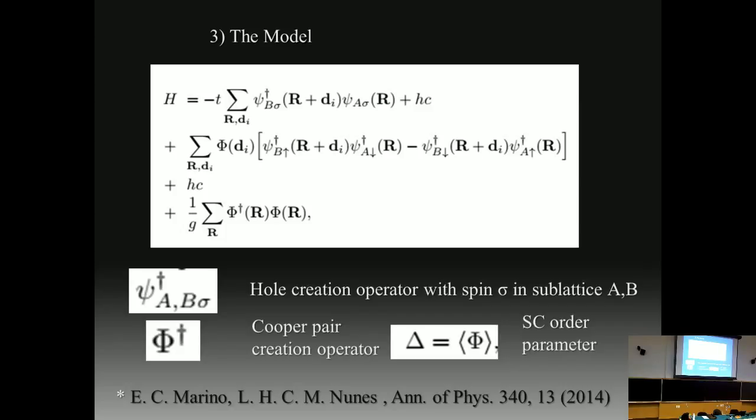So the expectation value of this phi can be taken as a superconducting order parameter. The inspiration for this comes from this paper, where we show that this kind of superconducting interaction is generated in the spin-fermion type model.